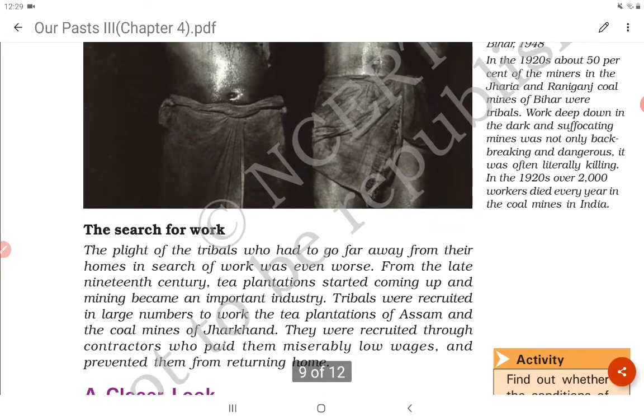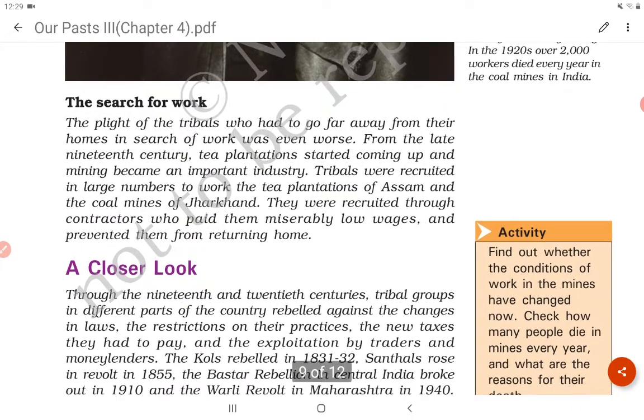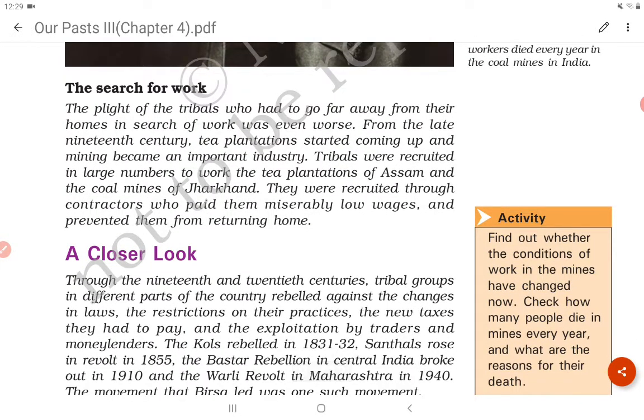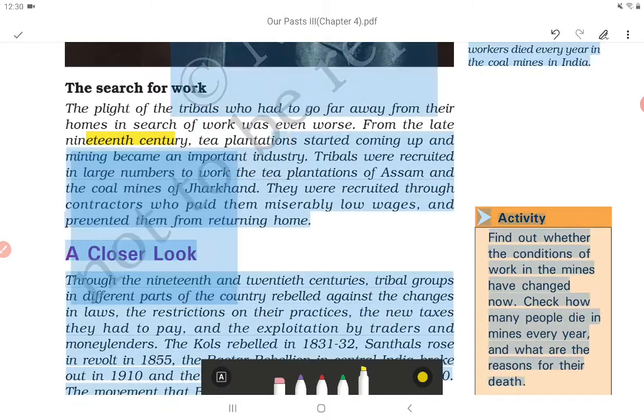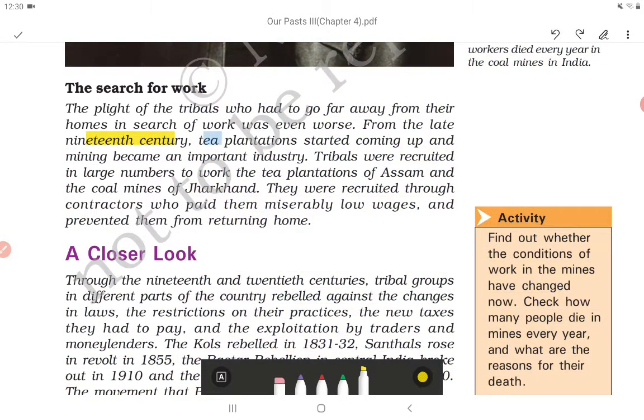The search for work. The plight of the tribals who had to go far away from their homes in search of work was even worse. From the late 19th century, tea plantations started coming up and mining became an important industry.